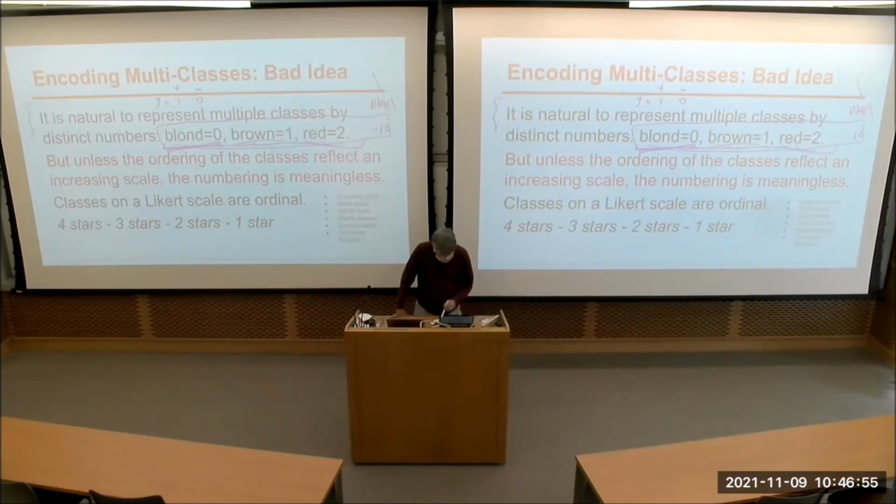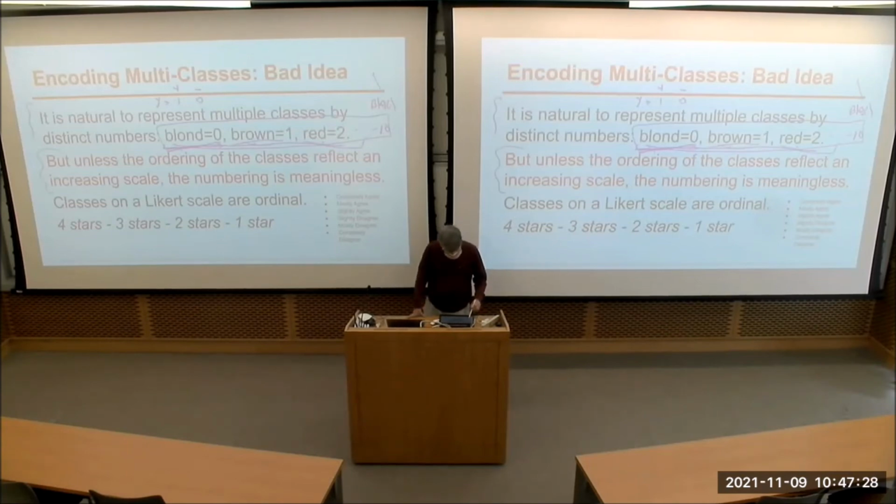Where's bald? I don't know where bald fits in on that continuum. I don't know where gray fits into that continuum. If you don't have a linear ordering of the classes, assigning one class variable gives a numbering that is meaningless, and trying to carve that up doesn't tell you anything.